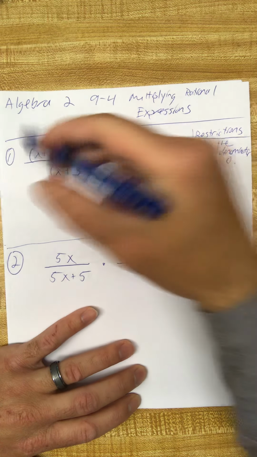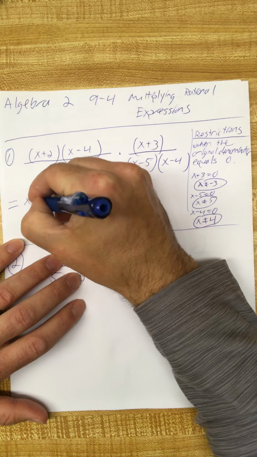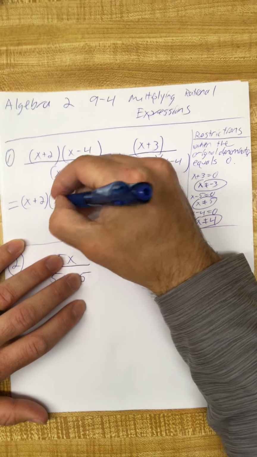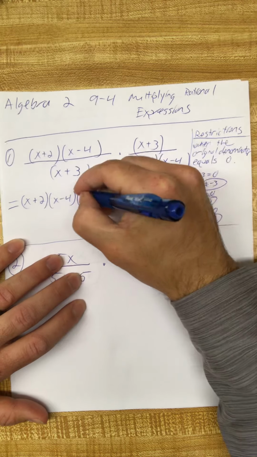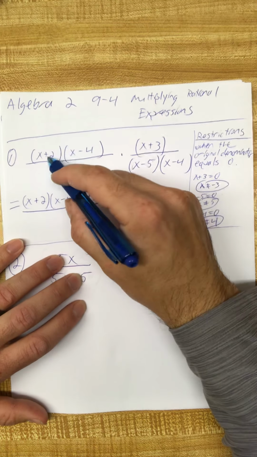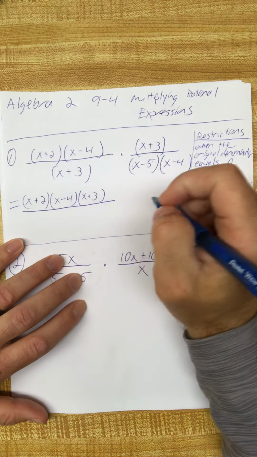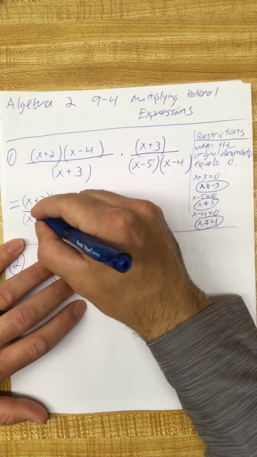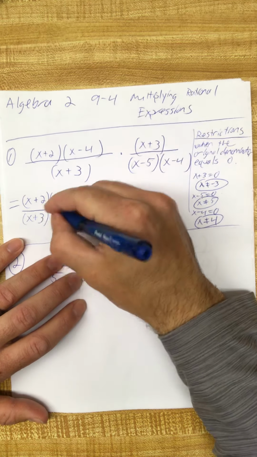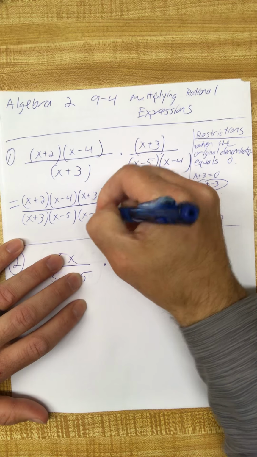This is one big fraction. I could rewrite this as x plus 2 times x minus 4 times x plus 3, like we did yesterday. You just go right across the numerator, right across the denominator. We got x plus 3, x minus 5, and x minus 4.